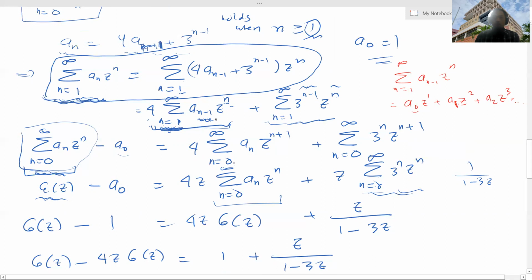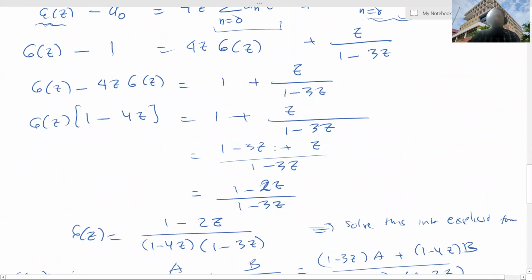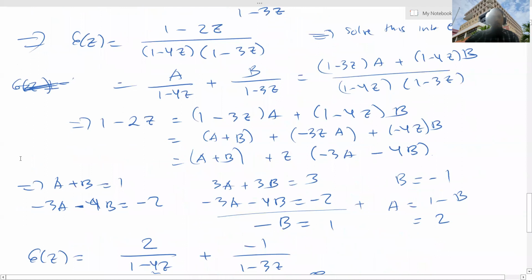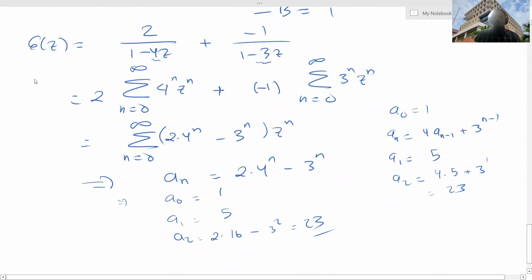We change it into starting from 0 here, but an minus 1 is changed into an here. And z to the power of n changes into z to the power of n plus 1. And so on. So you get the final form. Essentially, you get this as a closed form, and then from the closed form you do a partial fraction decomposition to get this.